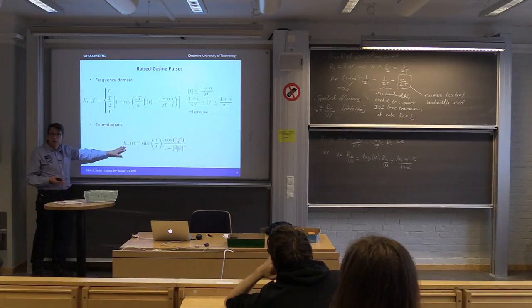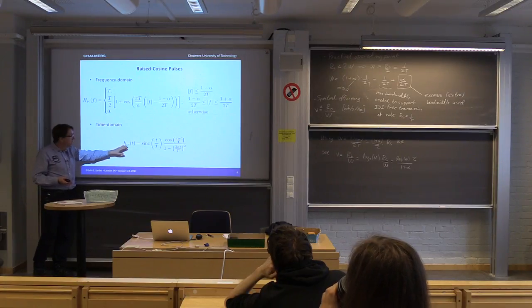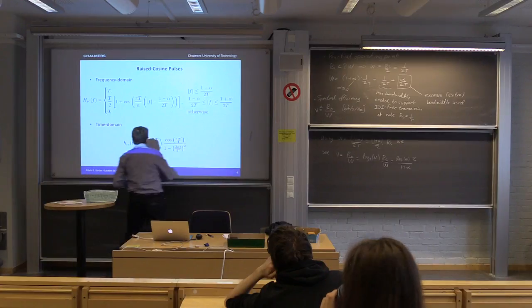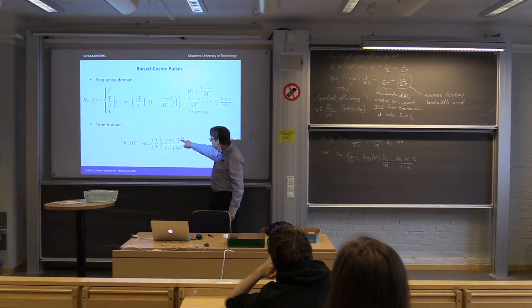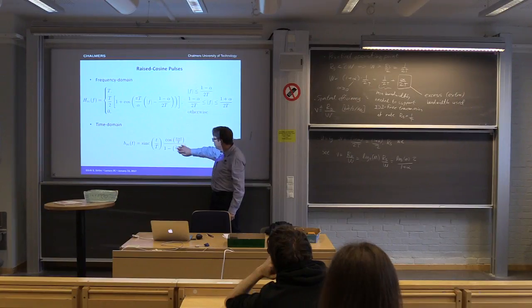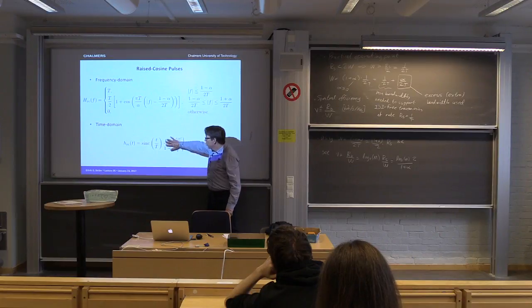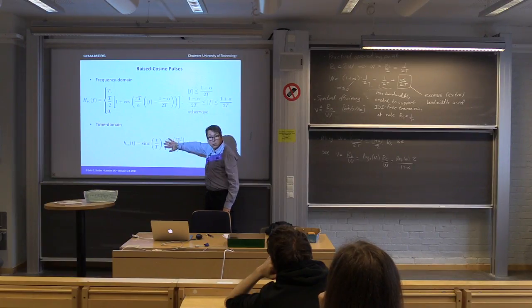So this is the raised cosine pulse in time domain. And we see here that if alpha is equal to 0, we have cosine of 0 here. If alpha is equal to 0, this one disappears. So this term here just becomes 1, and we're back to the sinc function, sinc t over t.